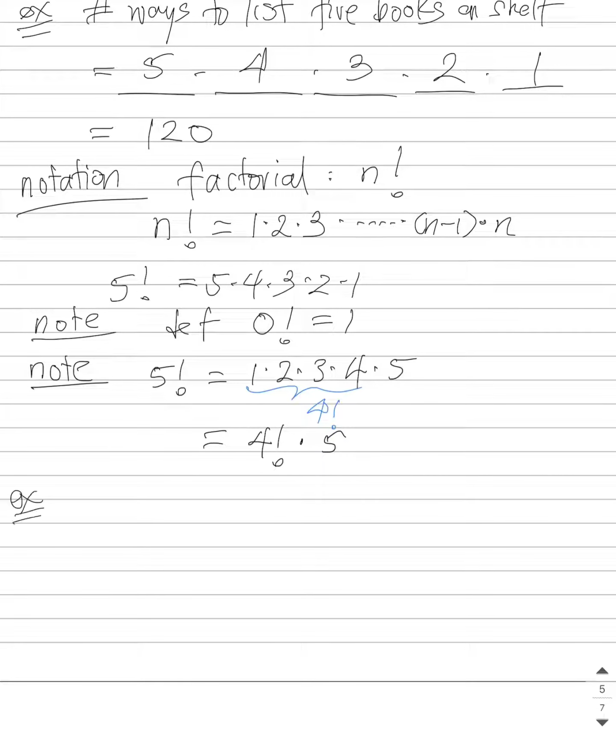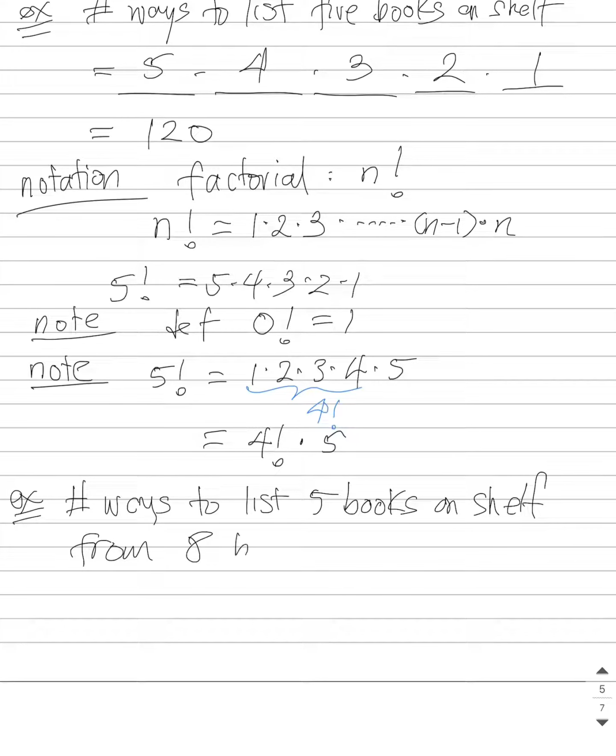To try to take us to the next topic, what we're going to do is extend the example I did with the books there. So let's talk about the number of ways to list 5 books on a shelf from 8 books in total.